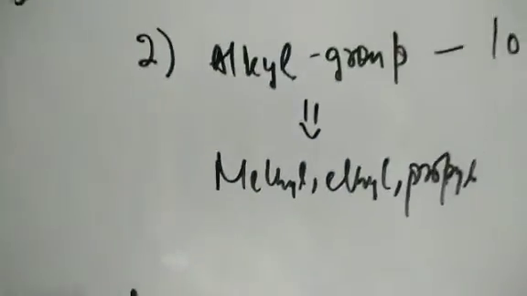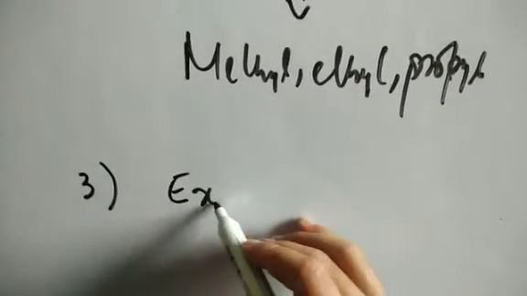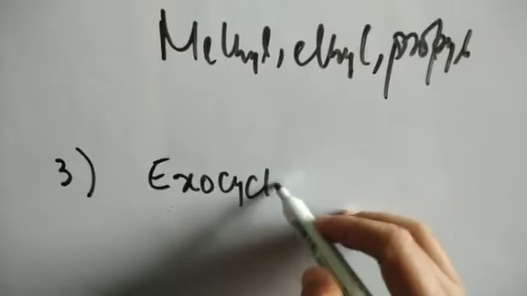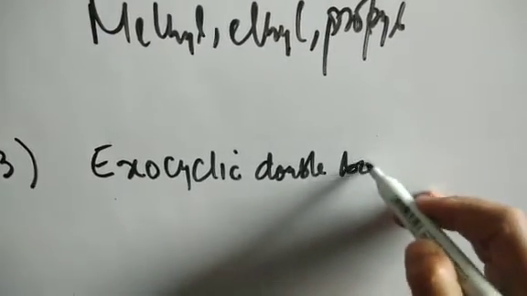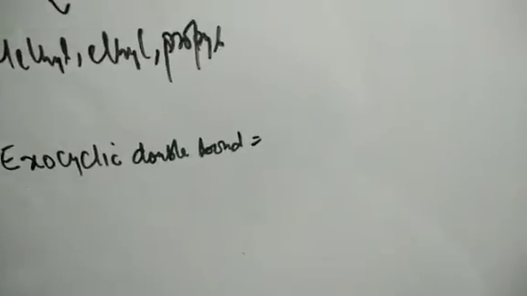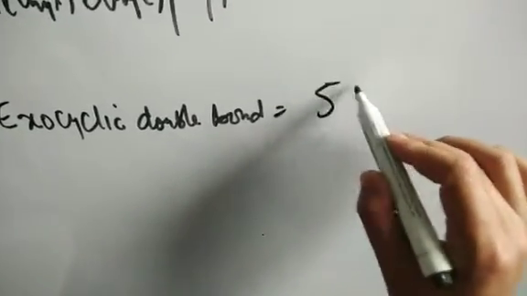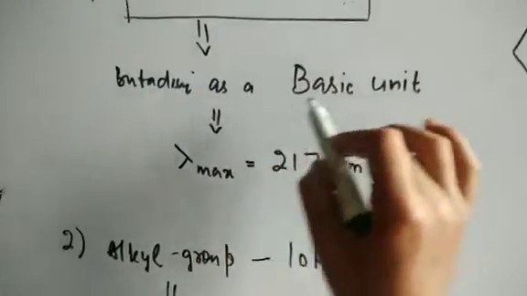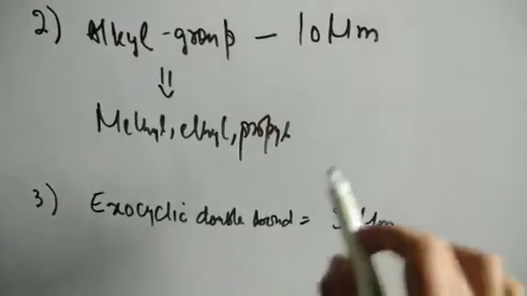Now the contribution of exocyclic, so here we'll write point number 3: if we have an exocyclic double bond, that will contribute 5. Alkyl was 10, an exocyclic double bond contributes 5. So rule number 1, butadiene base 217, alkyl substituent contributes 10, exocyclic contributes 5.